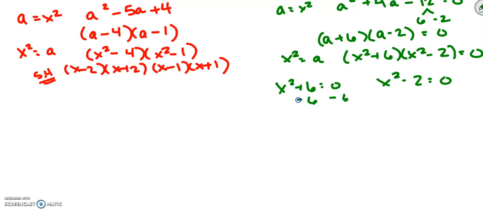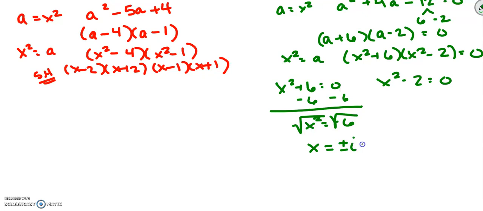I'm going to subtract 6 from both sides. We have x squared is negative 6. Take the square root. This is going to give me x equals plus or minus, because when you take the square root of a number, you have to have both options. And then the only thing I can factor out of there is the i, the negative 1, and that leaves me with the square root of 6.